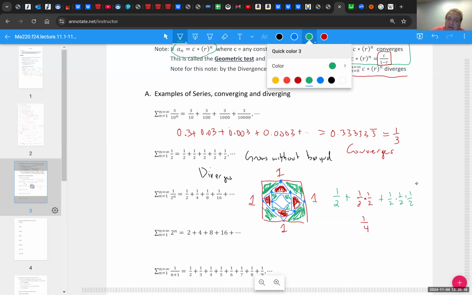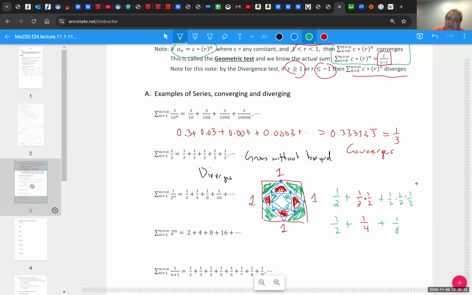So we have 1/2 plus 1/4 plus 1/8. And if I do the next one, it's going to be 1/2 of the 1/8, which is 1/16. So this geometric shape I'm drawing is the same as 1/2 plus 1/4 plus 1/8 plus 1/16. And what is equal to 1/2?